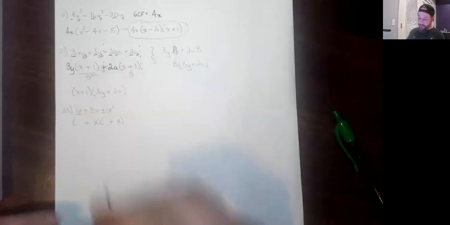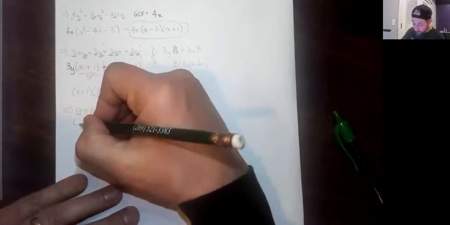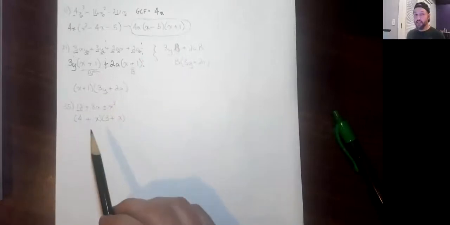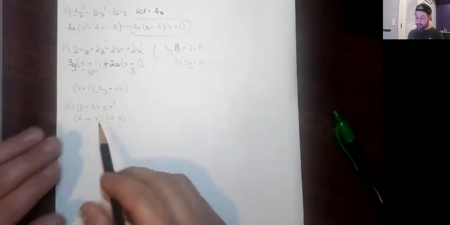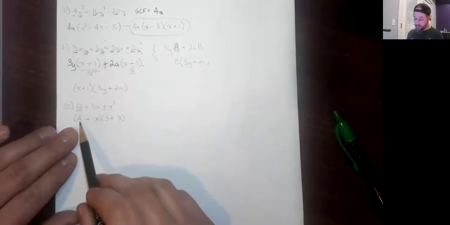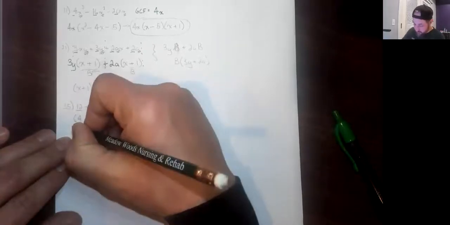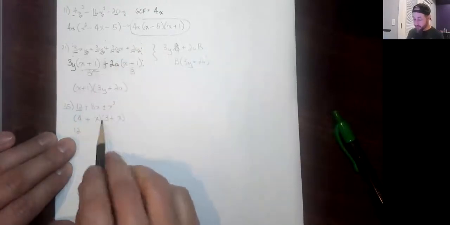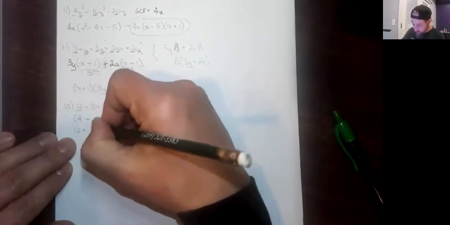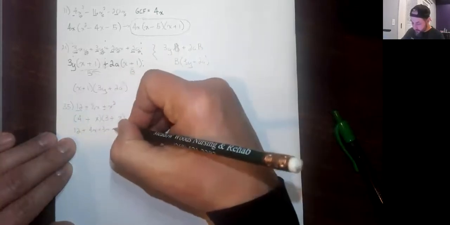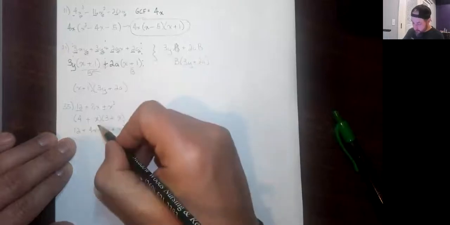So 12, look, I'm going to do a trial and error and watch how this goes. If I just start throwing numbers out, I'll say, all right, let me try 4 and 3. Well, yeah, I get my 12, but then I get 4x plus 3x plus x squared.